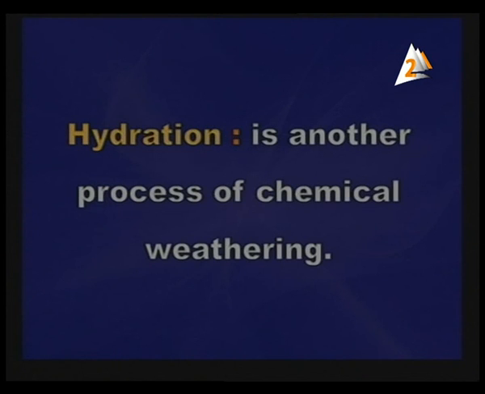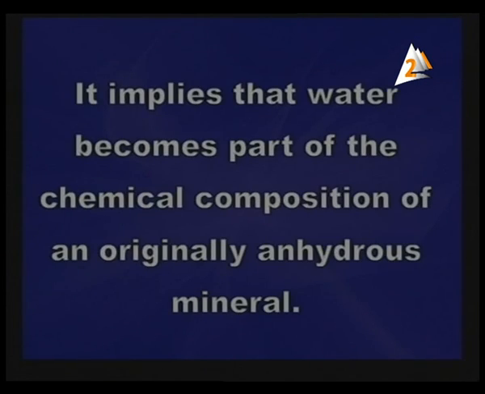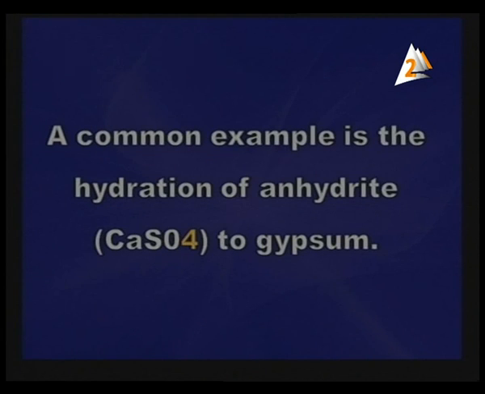We have also hydration. It is another process of chemical weathering. It implies that water becomes part of the chemical composition of an originally anhydrous mineral, so we have introduced OH to the mineral. A common example is the hydration of anhydrite, calcium sulfate, to gypsum.